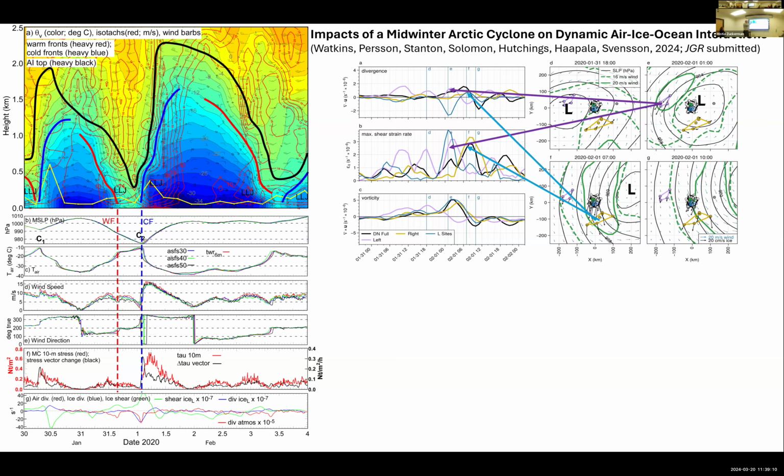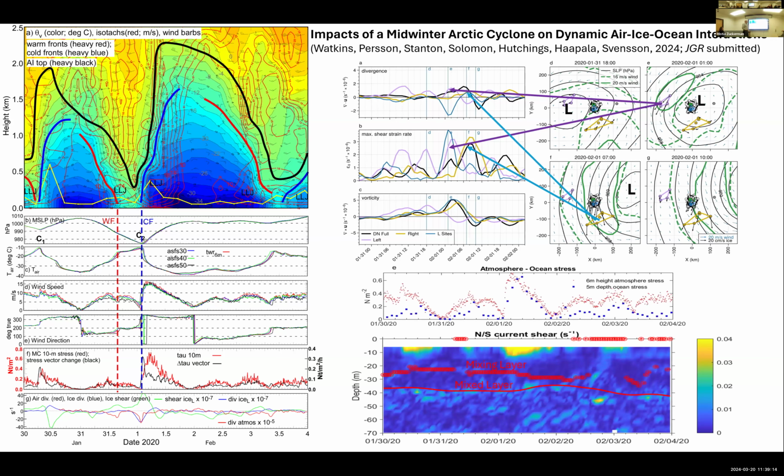So that's looking at the response of the ice to the atmospheric forcing. And then we'll also look at the upper ocean. Here's this maximum in stress behind the cold front, underneath this low-level jet. In the upper ocean, just below the ice, at 5 meters, we have a peak again of the ocean turbulence, the ocean stress between the ocean and the ice.